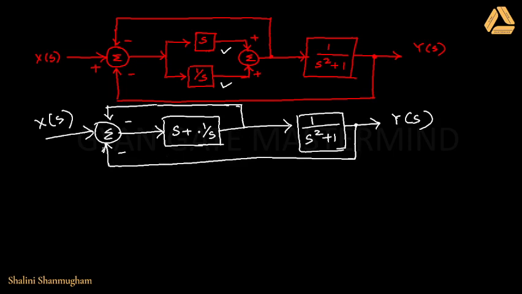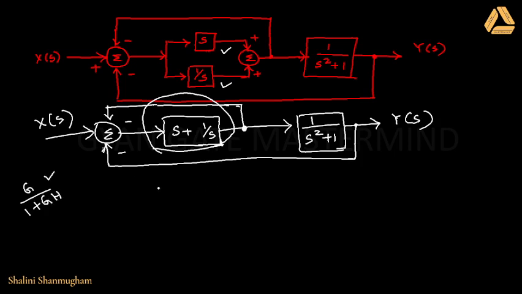So you could see this as the minor feedback loop. This is a minor feedback loop which is in canonical form. So just replace it. It is a negative feedback. So just apply the formula G by 1 plus GH.